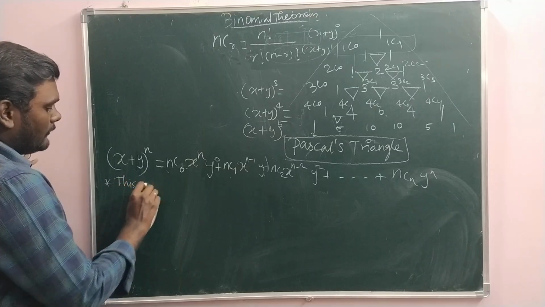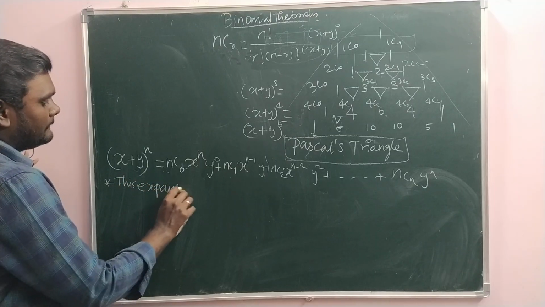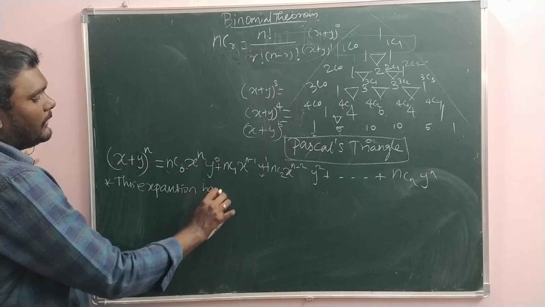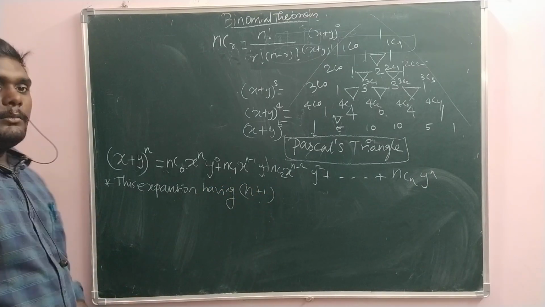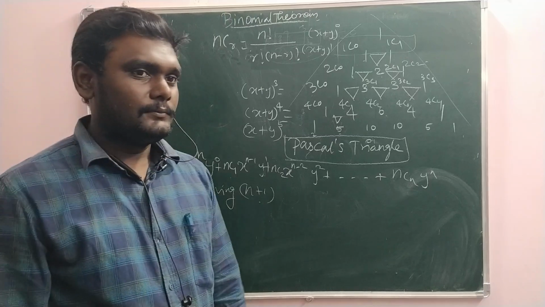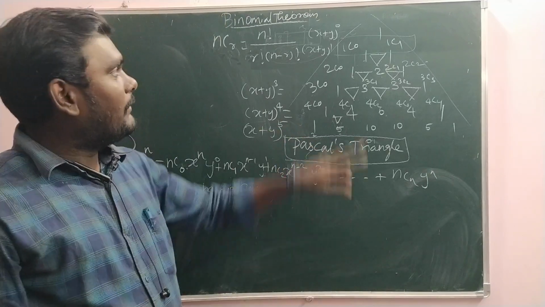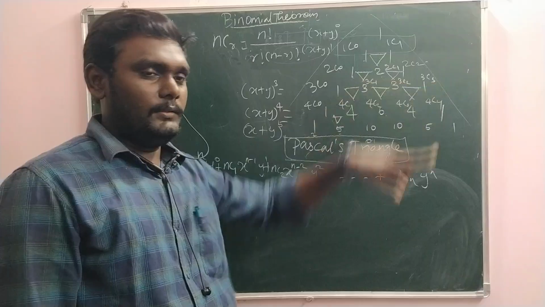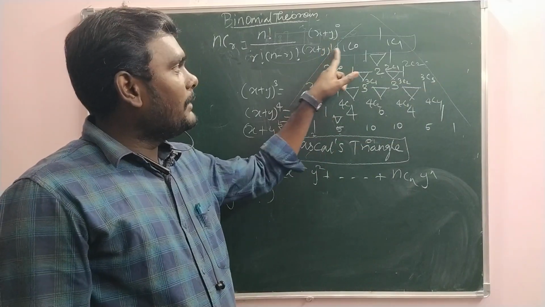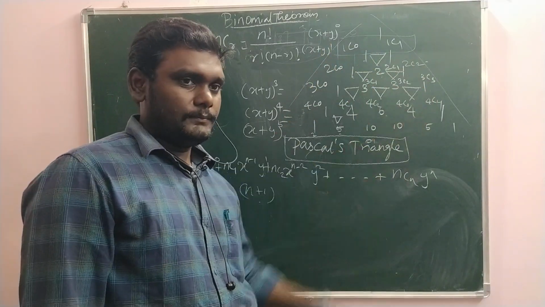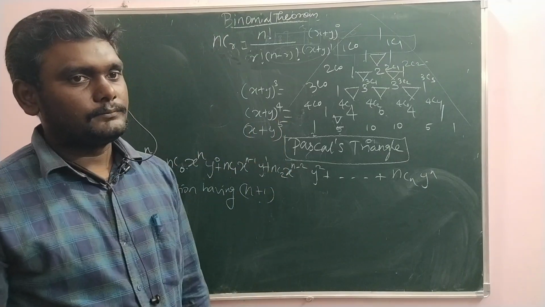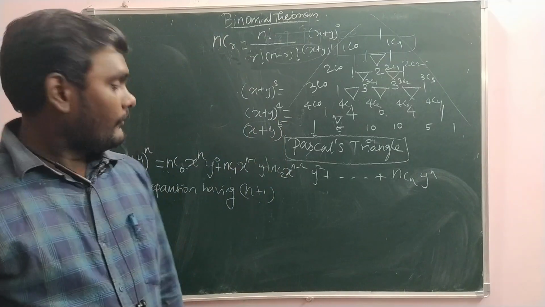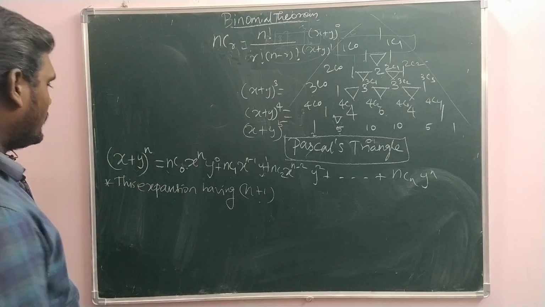Not n terms, this expansion is having n plus 1 terms, 1 more than that power always. Power 0 means 1 term, 0 plus 1. Power 1 means 2 terms, 1 plus 1. Power 2 means 3 terms. Now it is having n plus 1 terms.